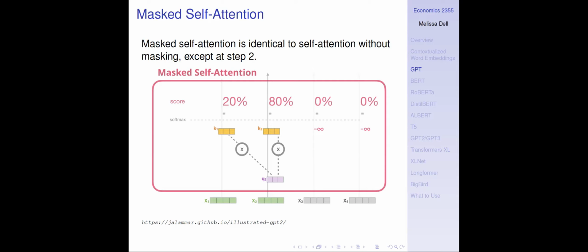But then on the decoder, before you softmax those attention scores to get the attention weights, you set the ones from further along in the sequence to negative infinity, or a very large negative number, which when you softmax gives you an attention score of 0. And so now you're only paying attention to those previous tokens.